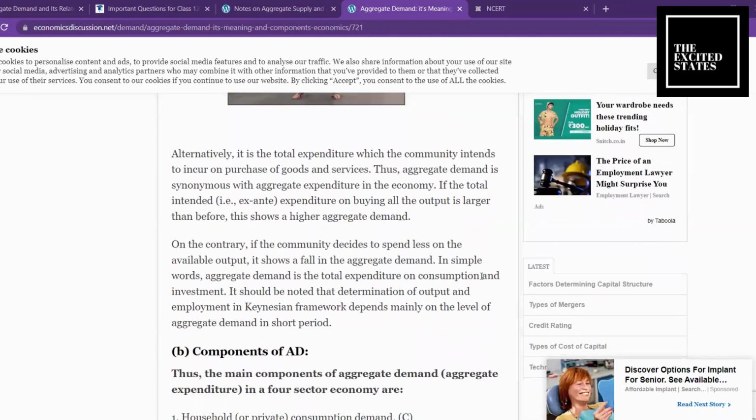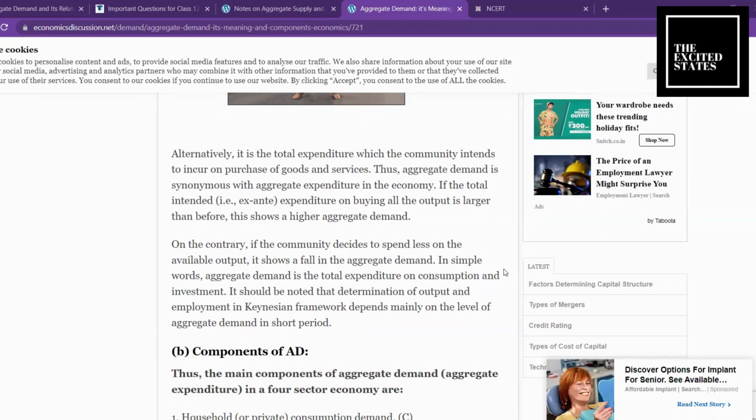Always remember that the expenditure we are talking about in aggregate demand is always ex ante. I've given you the concept of ex ante and ex post. Ex ante is what is intended or planned, and ex post is what has actually happened.